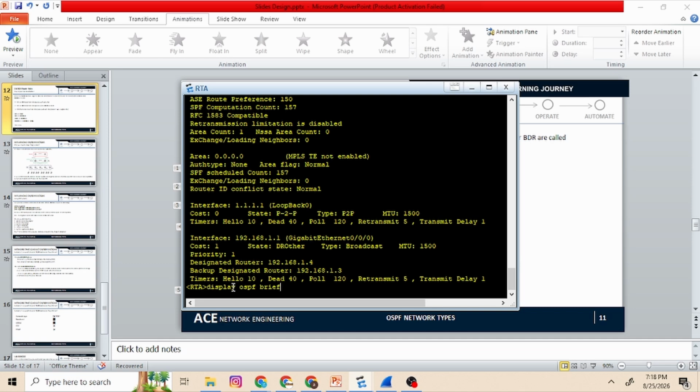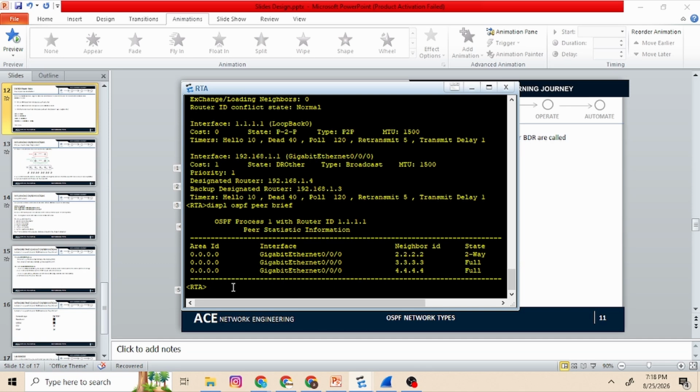If you look at the neighbors it has, with 3.3.3.3, which is a BDR, it has a full relationship. And with 4.4.4.4, which is a DR, it's also a full relationship.